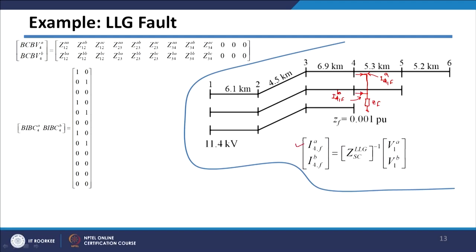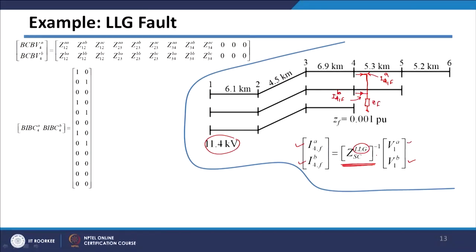So, the bus number 4 A phase and B phase currents will be given by the short circuit matrix corresponding to LLG fault, which we already derived, multiplied by the voltages of bus number 1. These voltages are known. So, if you know this matrix here, we can easily calculate.